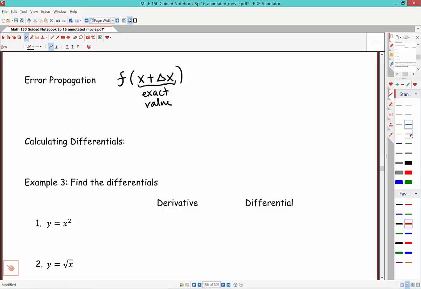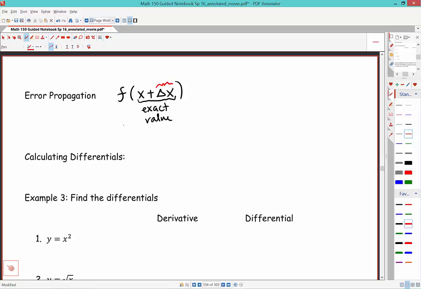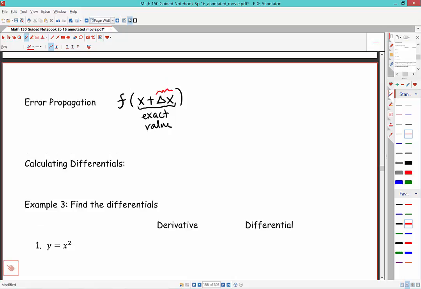The error is the change in x over here. And so that's going to be, if you subtract that from f at x, okay, what do you think x would be? Good.